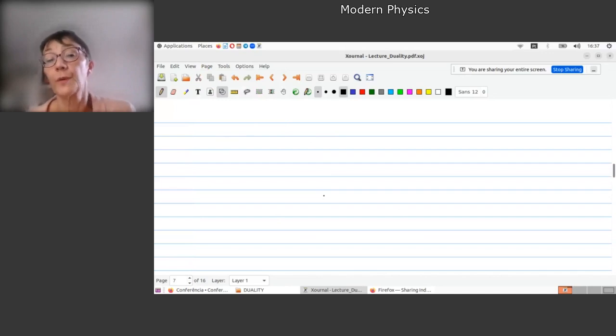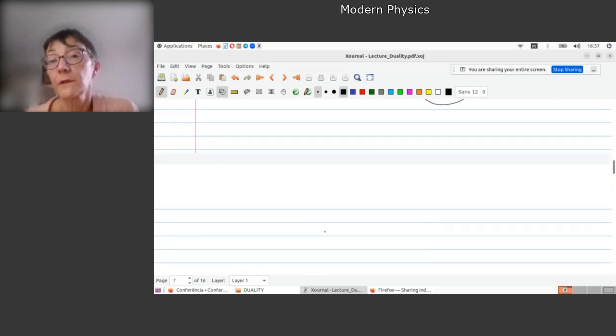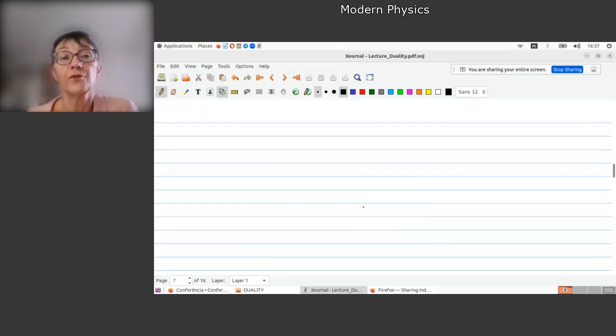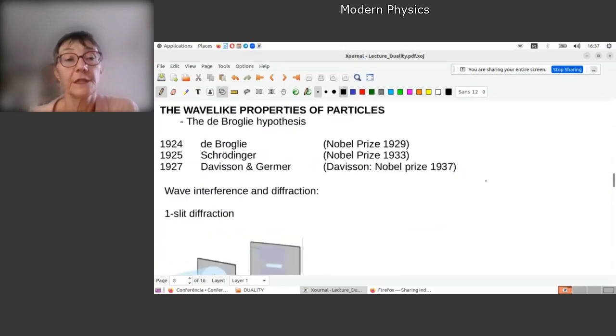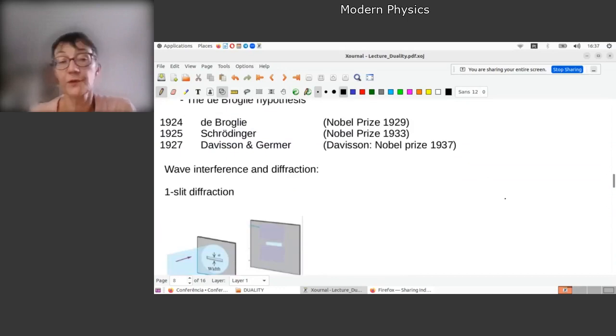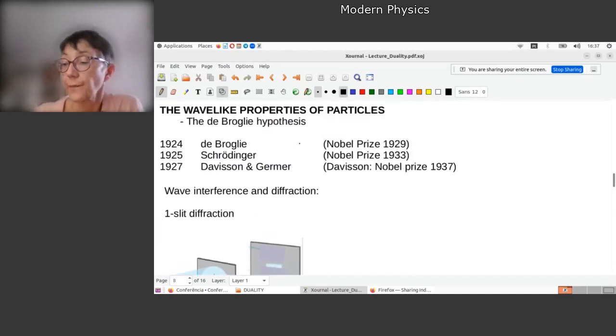You never heard before, I suppose, as a student, the notion of having diffraction of a particle. So this is interference of particles. This is what you have to do if you want to put in evidence a wave-like behavior. So I'm writing here something about wave interference and diffraction, remembering here some dates.